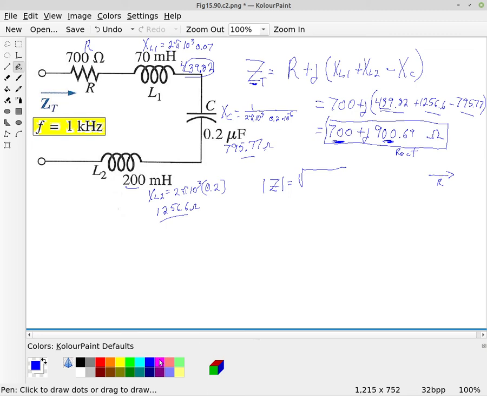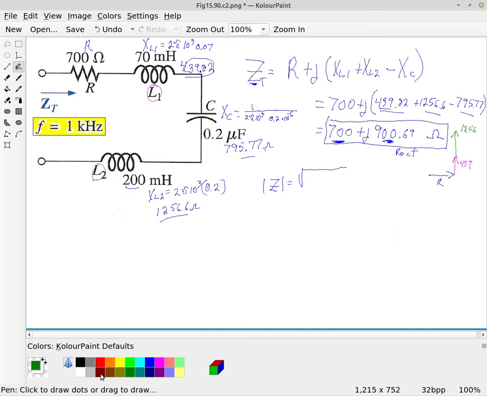And then we would have X of L1 going up at 439, and then X of L2 going up at 1256. I'm just roughly drawing it here.